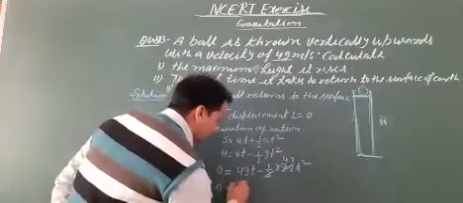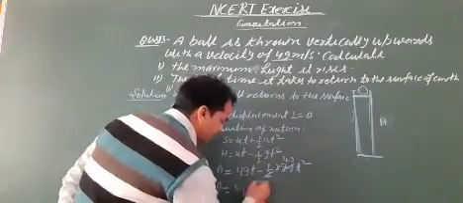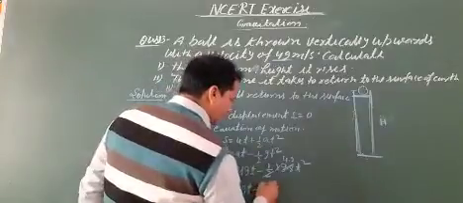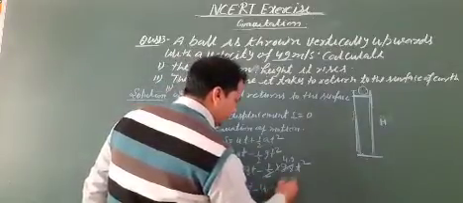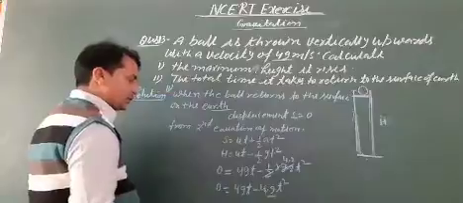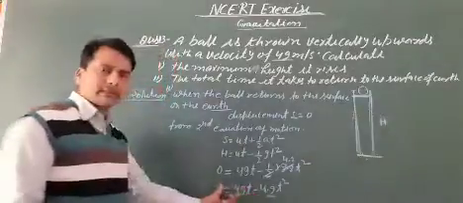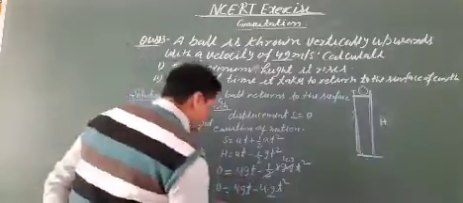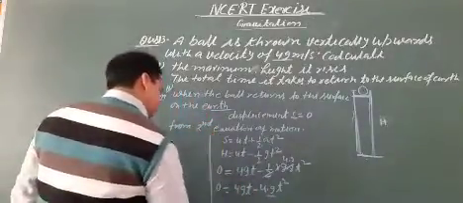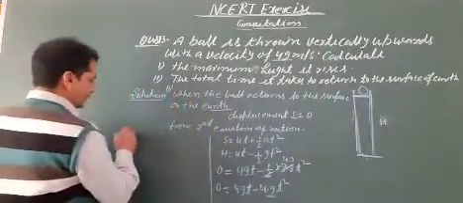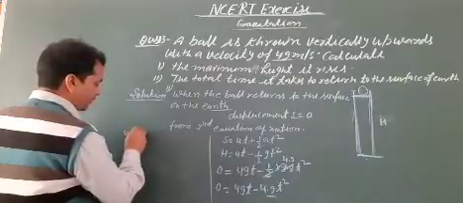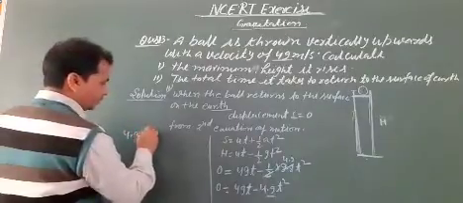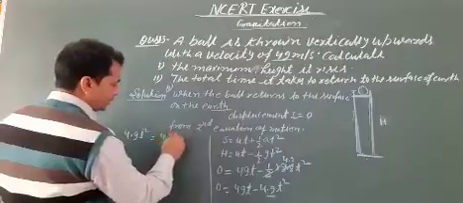0 equal to 49t minus 4.9t square. So this term transposed here, then the negative sign will change to positive, that is 4.9t square equal to 49t.